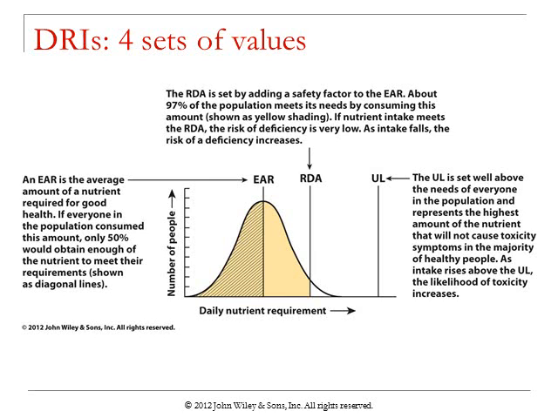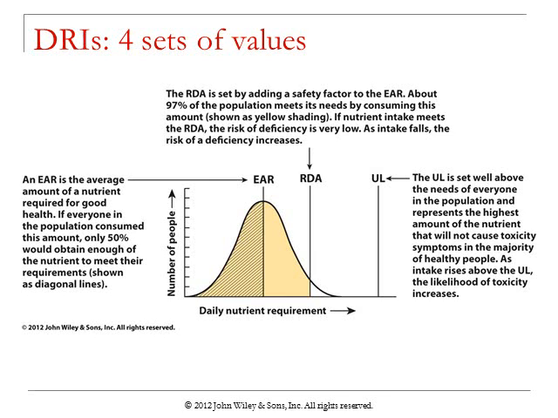So what we're seeing there is, if everyone consumed that particular amount of that nutrient, it would be considered adequate or good enough for 50% of the population. Looking at every person individually, some people would need less than that, and other people would need more than that, because again, we're all different as far as our needs go.